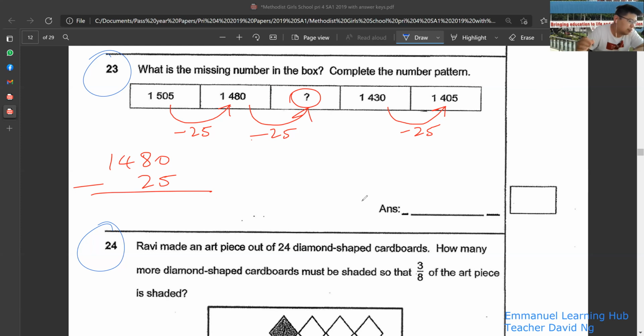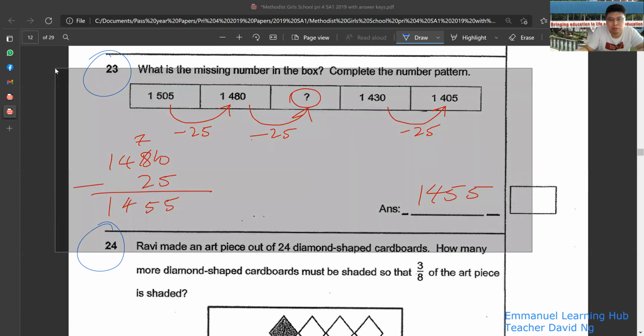The answer is? 0 change to 10, and 10 minus 5 equals 5. Then 7 minus 2 equals 5. Then 14 minus 0 equals 14. So what's the answer? 1455. Okay. Clear?